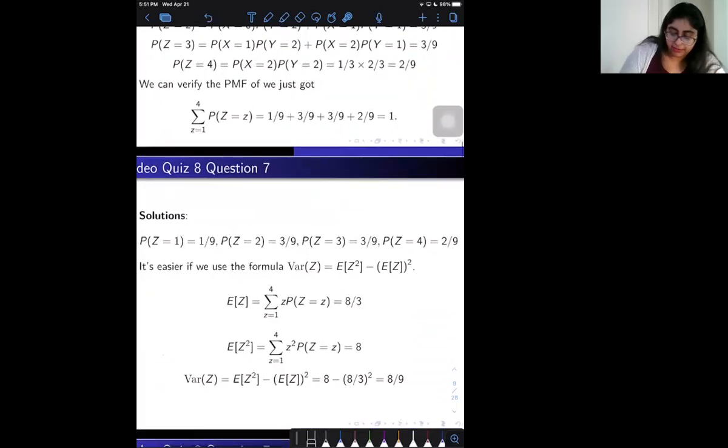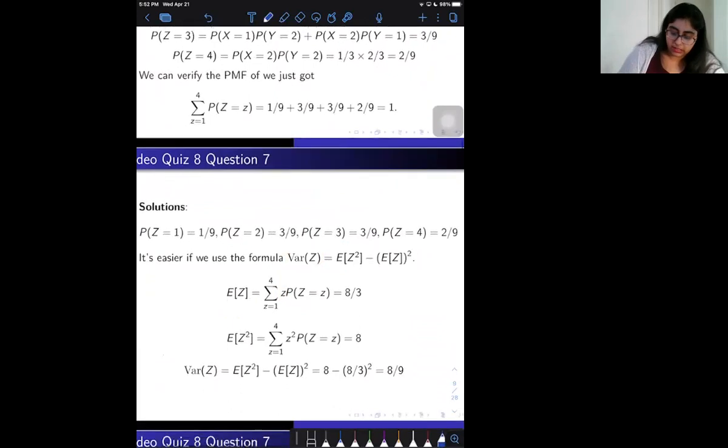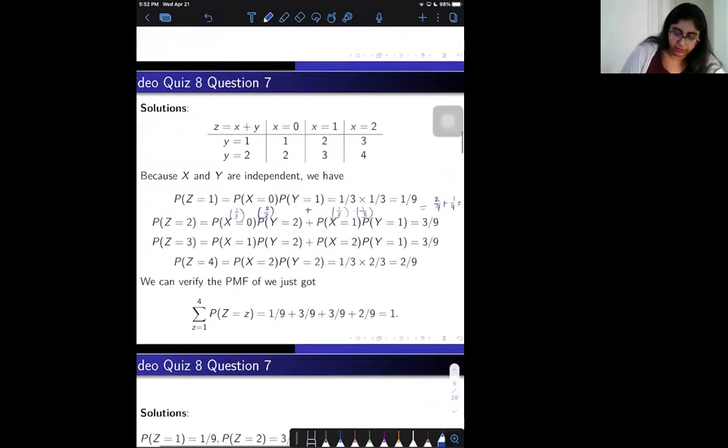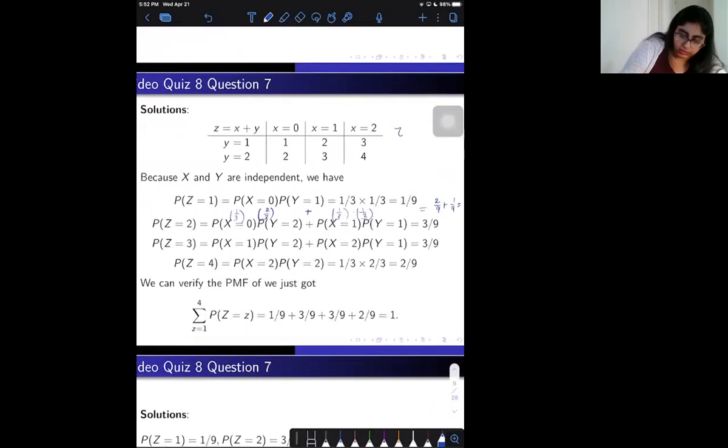Okay, now that we have the probabilities, just restating it here. Now we know we can find the variance of Z by this common formula. The variance of Z is expected value of Z squared minus the square of the expected value. Now, how would we find the expected value of Z? Just Z times the probabilities, right? So in this case, Z is going from 1 to 4, as we already found. Z can only take 1, 2, 3, and 4.